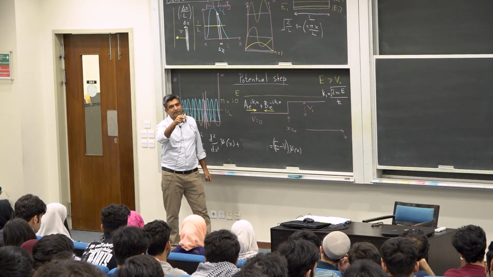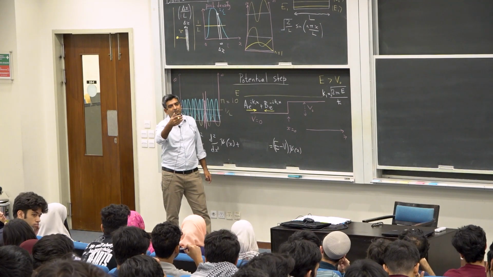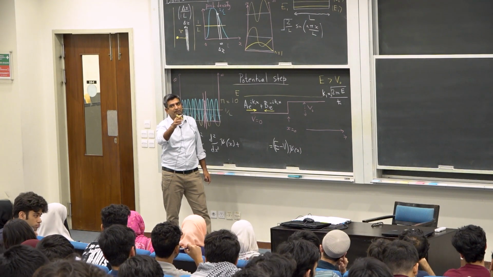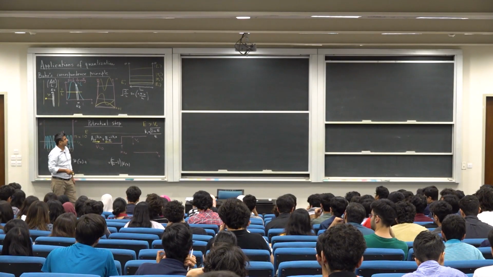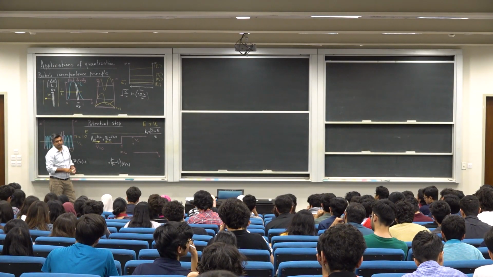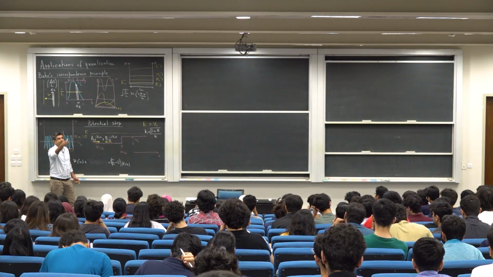So if you go to high quantum numbers, you will find that the classical and the quantum regimes converge to one another. Large quantum numbers correspond to the classical world. This is called Bohr's correspondence principle.